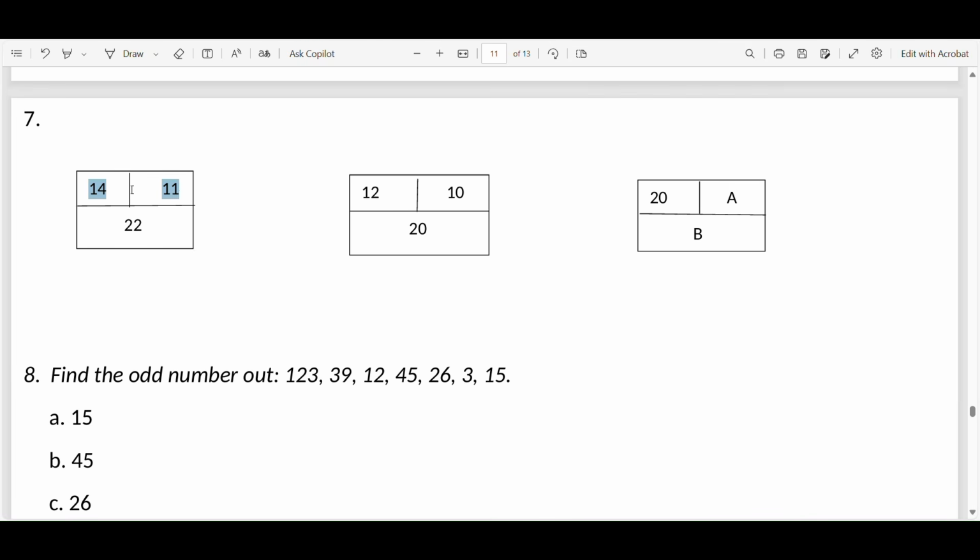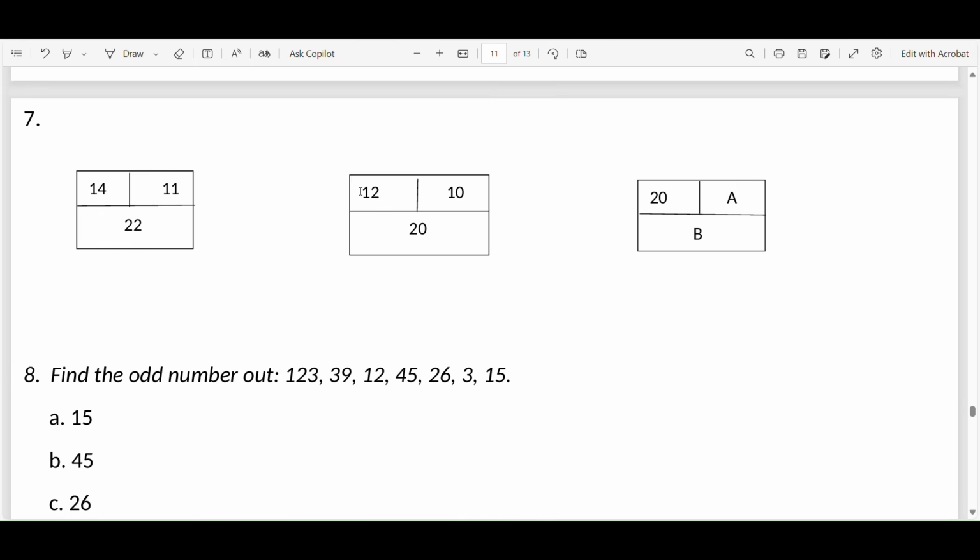So when you add both of them, you are getting 25. 25 minus 3 is giving you 22. So let's see the same pattern here also. 12 plus 10 will give you 22. And when you subtract 2 and 1, the difference is 1 itself. So 22 minus 1 will give you 21 then. So this is not true.